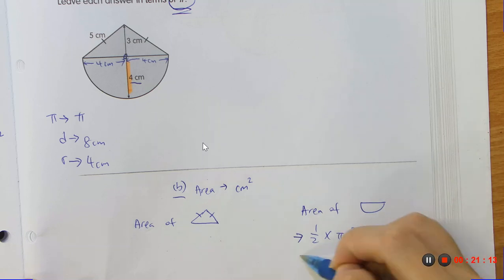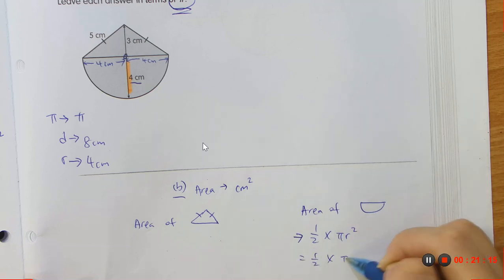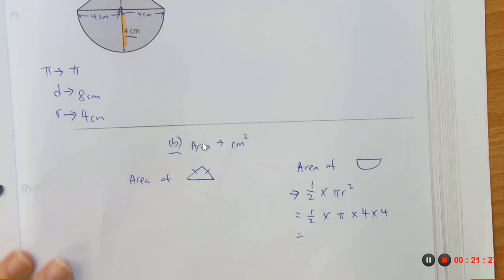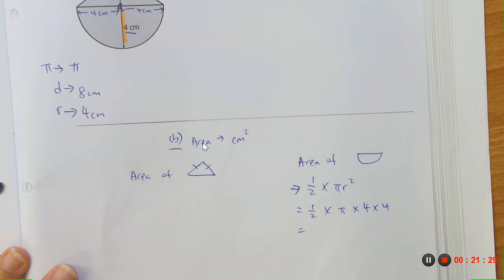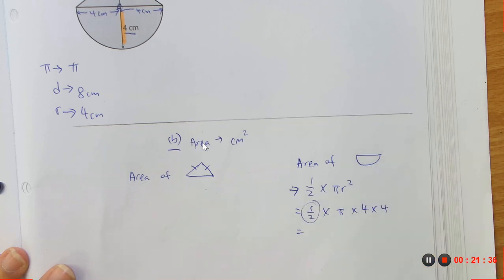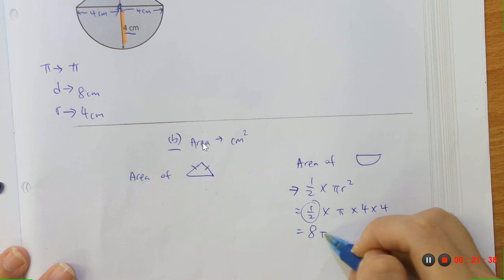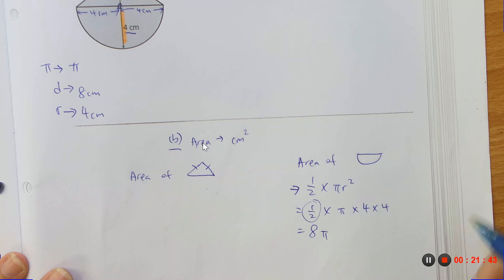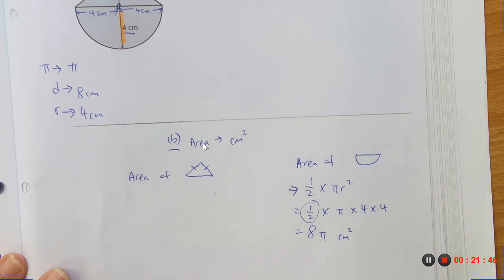In this case, half is half, pi is pi, r is 4 times 4. So the answer will be 16 pi. No, 8 pi. 8 pi and the unit is centimeter square. Okay, so we got a semicircle done.